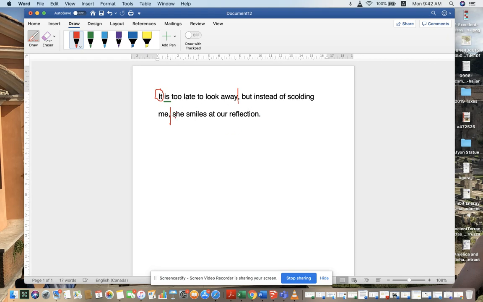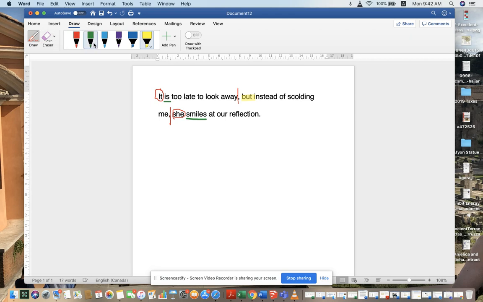So let's go to the last sentence. "She," there's our subject, "smiles." So we have "it is" and "she smiles" as our main ideas for subject and predicate, with a dependent clause, and we can separate that by calling "but" a conjunction. All right, moving on.